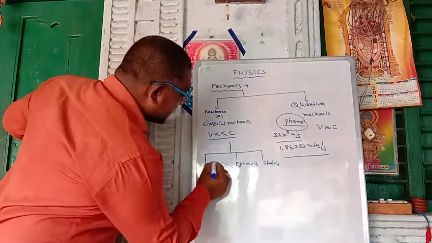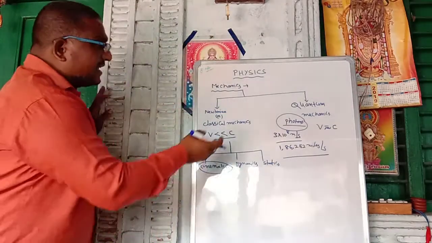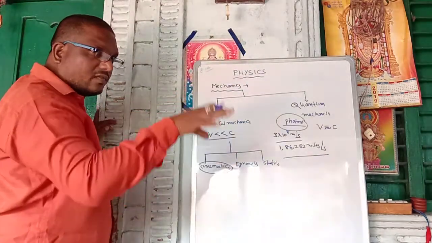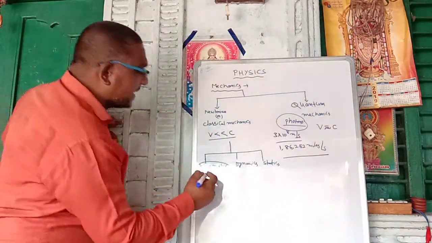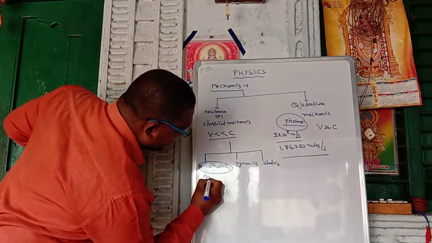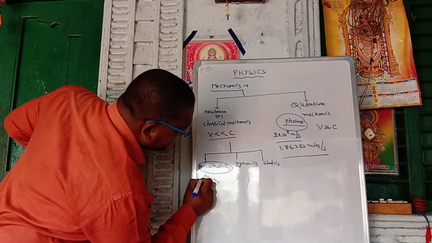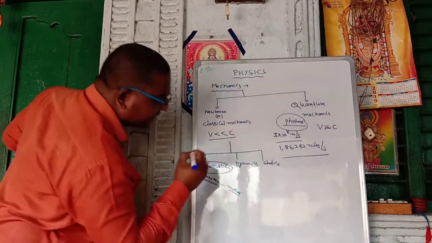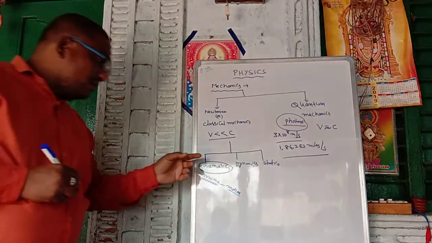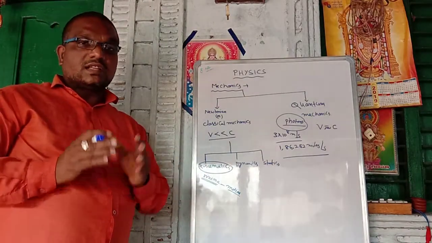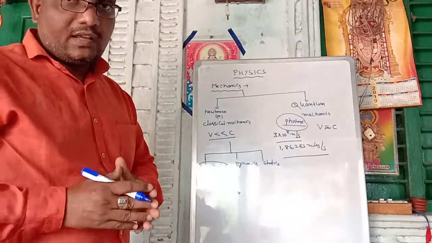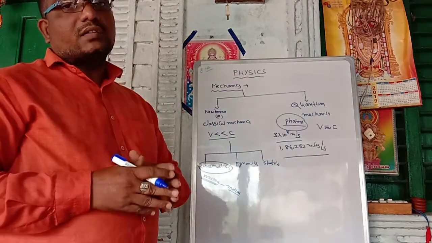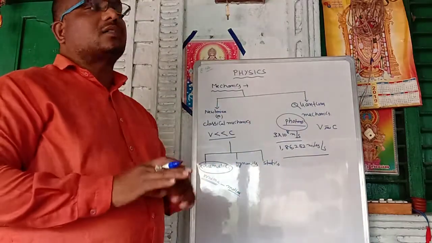Every word in physics is derived from some other word; there is an origin for it. Kinematics is derived from the Greek word kinema. What is the meaning of kinema? Kinema means motion. What is kinematics? Kinematics means the study of motion of a body without considering the cause of the motion.